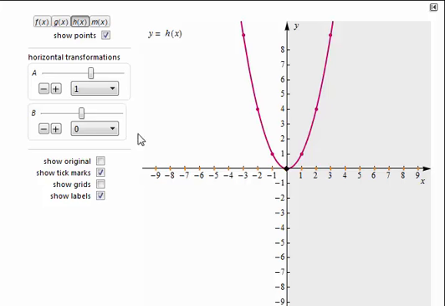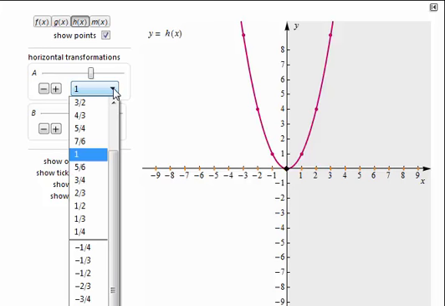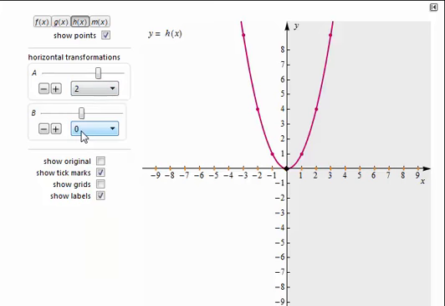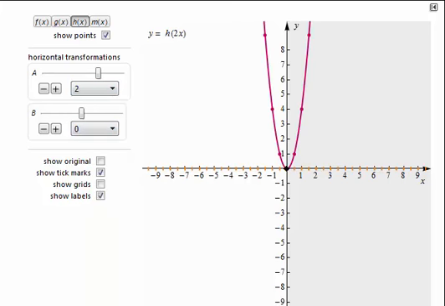As we can see, now if the function is y equals f of x, if we change the value of a to 2, we see that the graph narrows, or it is compressed toward the y-axis, or the axis of symmetry.